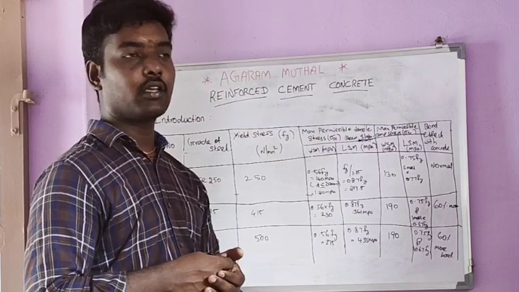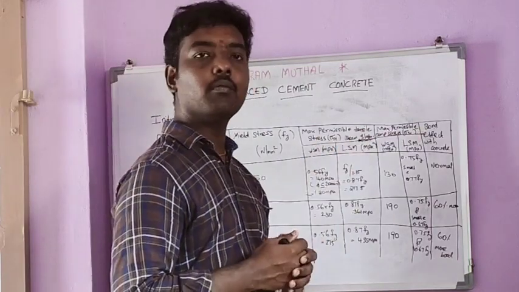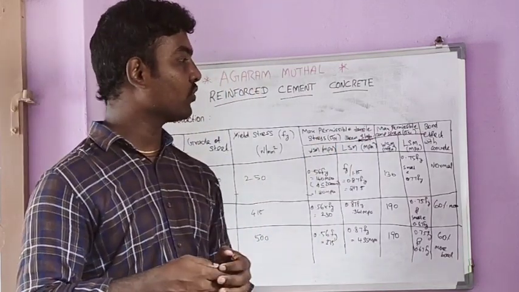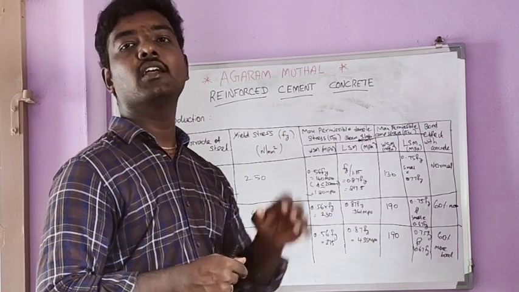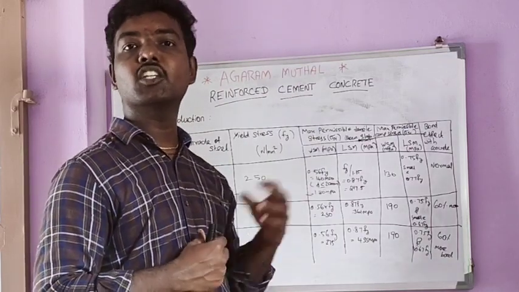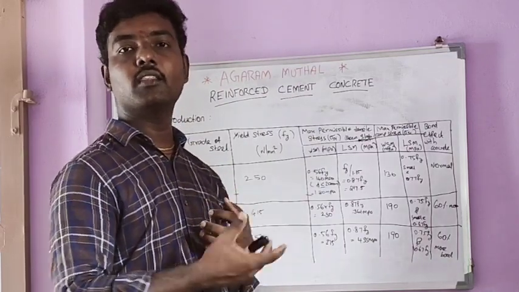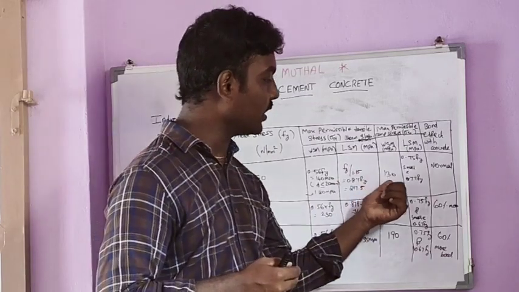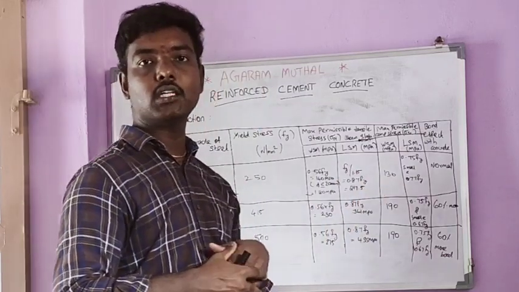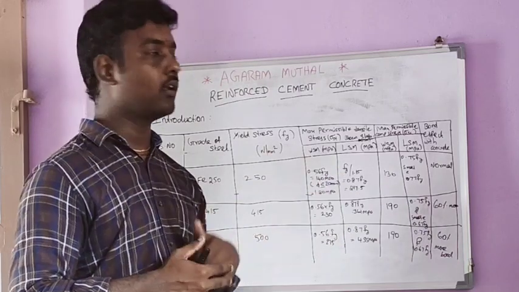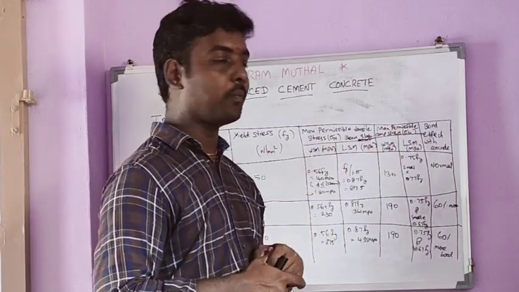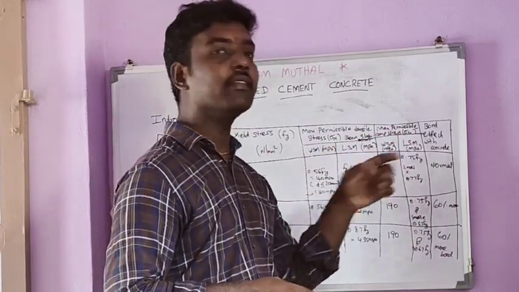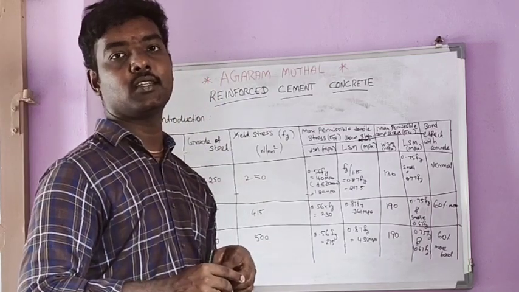Whereas the maximum compressive stress is provided at the compression zone. The stress created at the compression zone in the WSM method is 130 Newton per mm square. In the LSM method, it is taken as 0.75 times the yield stress.